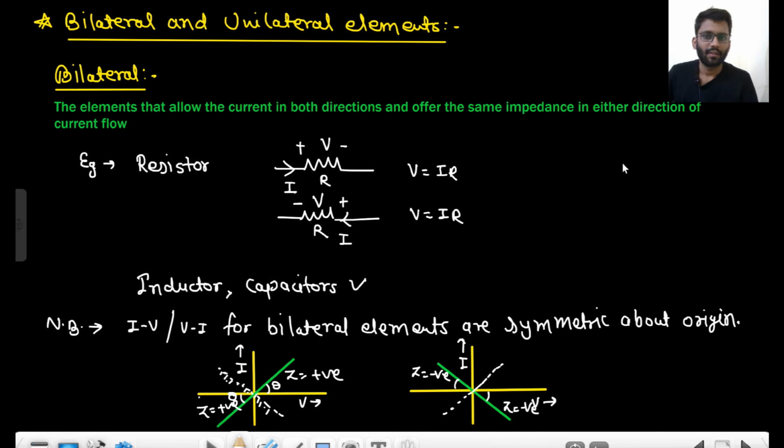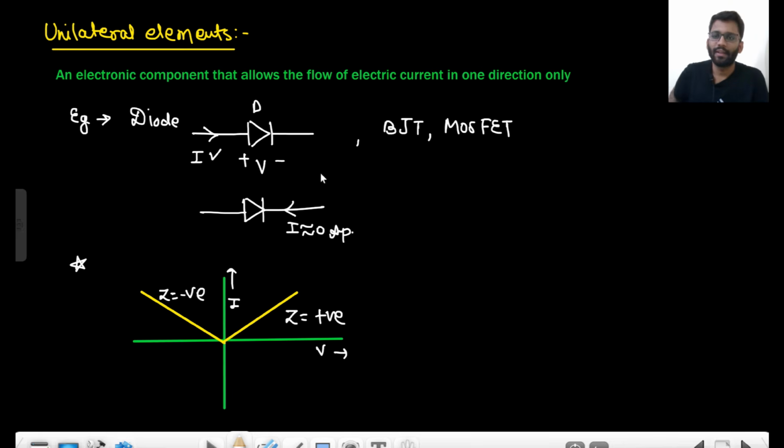Before going into that problem, I need to clear one thing, as some students may have a doubt. In unilateral elements, I said that the current flows in one particular direction only. Here V is negative, still there is some current. Yes, there can be some current. The main point is that if V is positive, the current is like this, and if V is negative, the current should be like this.